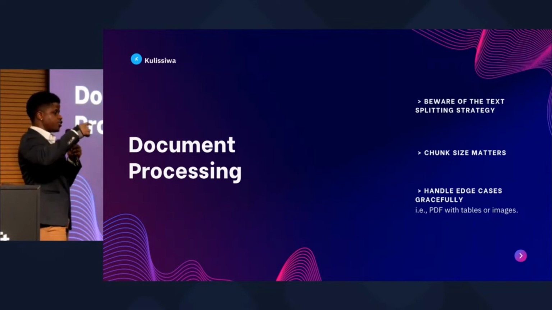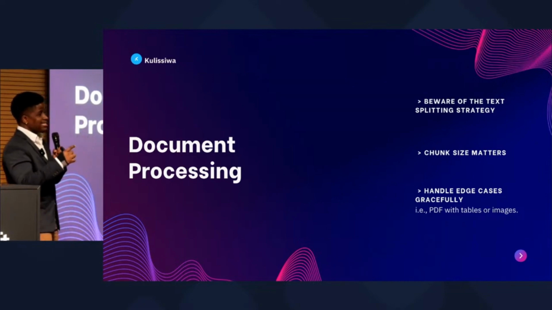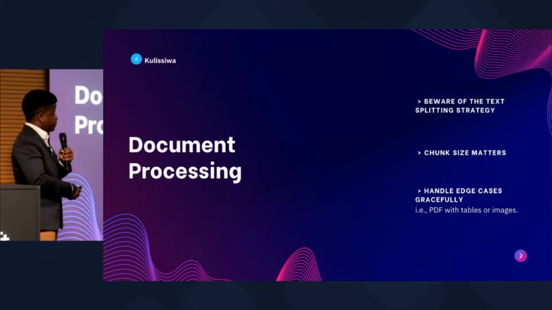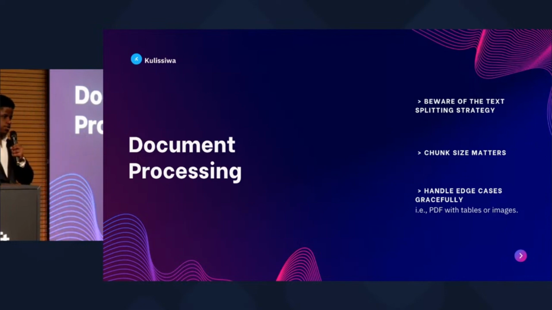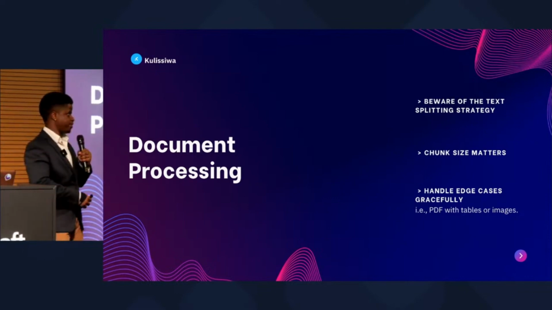Because the particular chunk you retrieved is probably similar semantically, but it's not really the full answer. Second, chunk size matters. If you create really big chunks like I did, you'll have problems. You won't be able to retrieve, and we already talked about this.